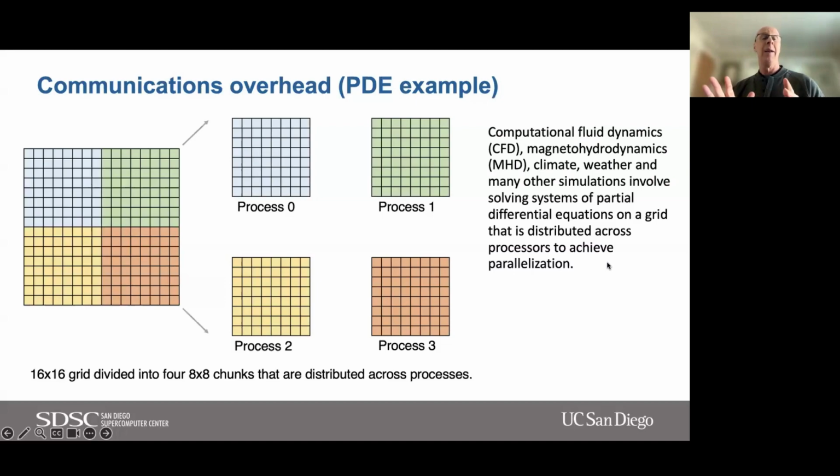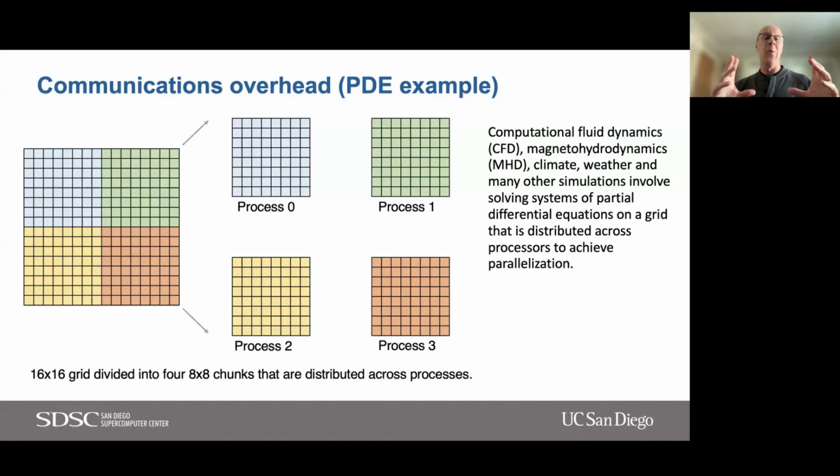Okay, and finally, a really, really common issue is communications overhead. So if you're working in an area, say, where you're solving systems of partial differential equations, this is going to be computational fluid dynamics, magnetohydrodynamics, climate, weather, oceanography.